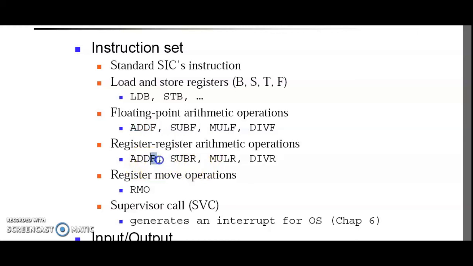Here, more than one register will be used. Register to register arithmetic operations are allowed, so ADDR, SUBR, MULR, DIVR. To perform register move operations, the RMO instruction is used, and the supervisor call instruction SVC will be used. These are some additional instructions used in SIC/XE architecture.